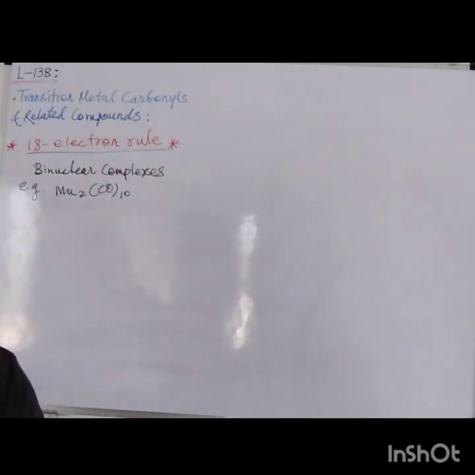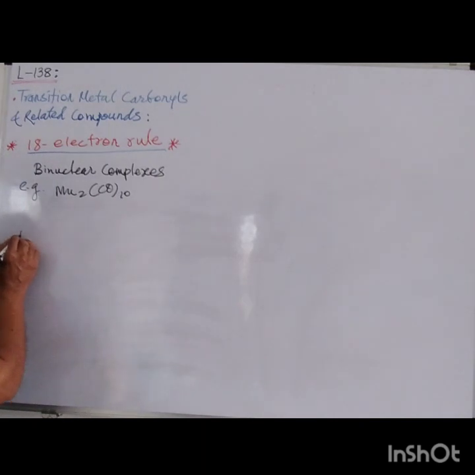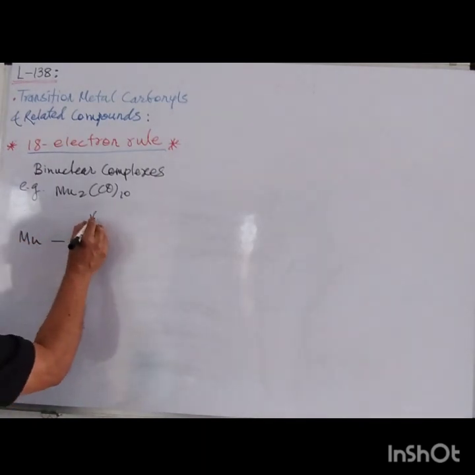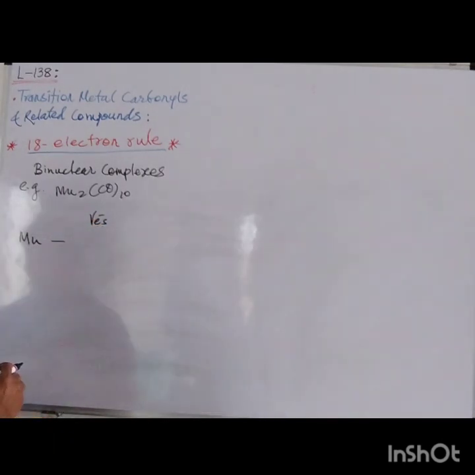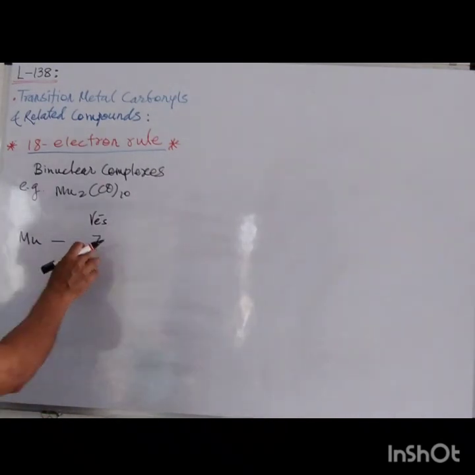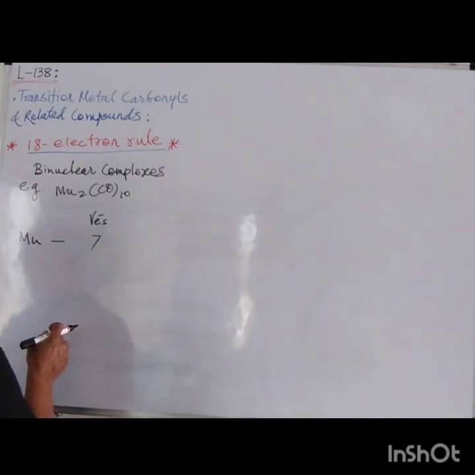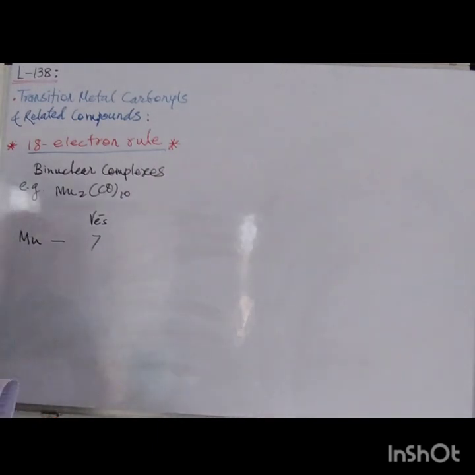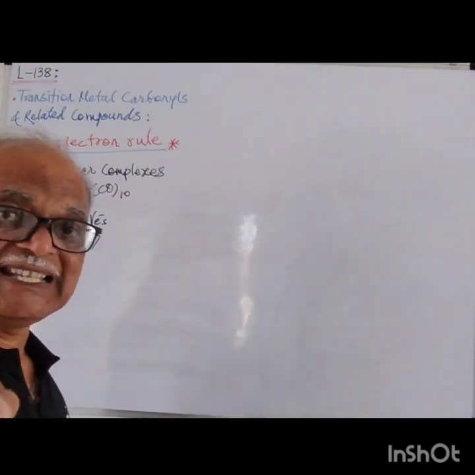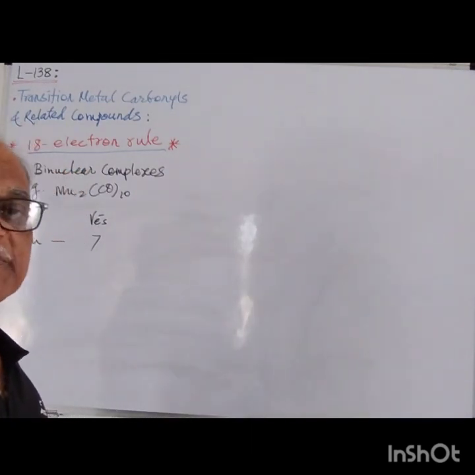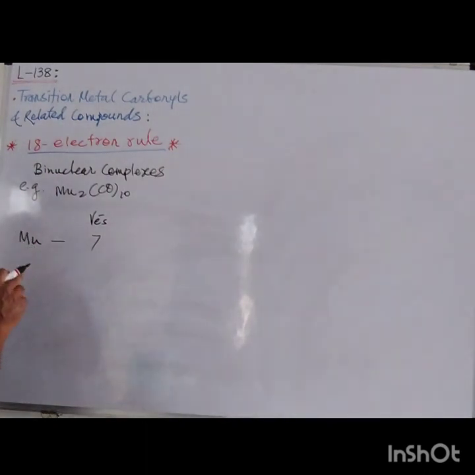In the case of Mn, counting scandium, titanium, vanadium, chromium, manganese, the valence electrons are 7, that is 5 electrons from the d subshell and 2 electrons from the s subshell. So in total Mn gives 7 electrons.